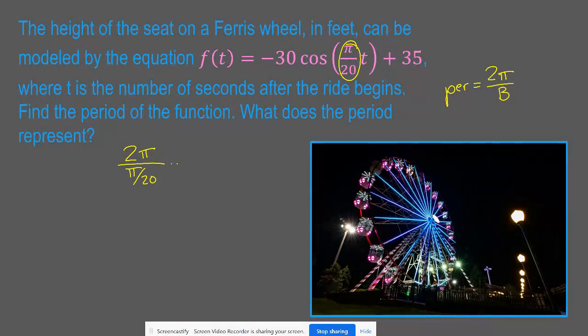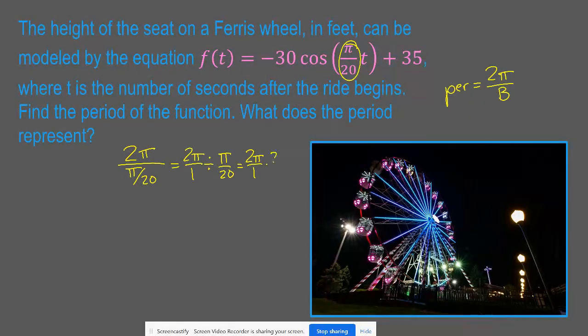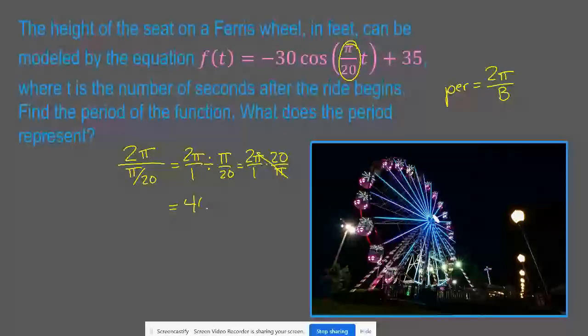And as I like to do, I'm going to make this 2 pi over 1 divided by pi over 20. I'm going to flip the second fraction. I will have 2 pi over 1 times 20 over pi. The pi's cancel out, and I will get 40.